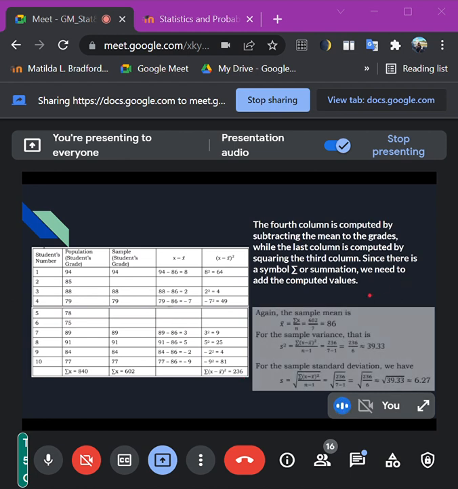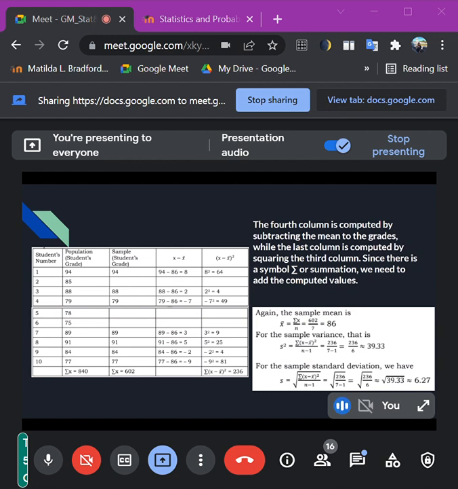Then you can compute already for your sample variance and then your sample standard deviation. For your sample variance, that is 39.33, and then for your sample standard deviation, that is 6.27.